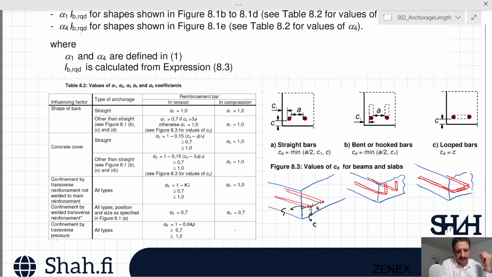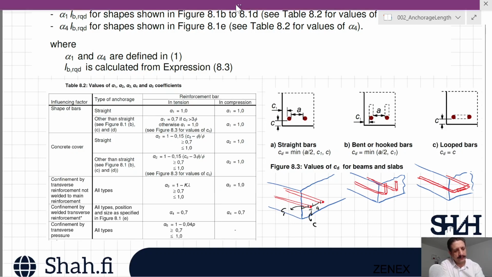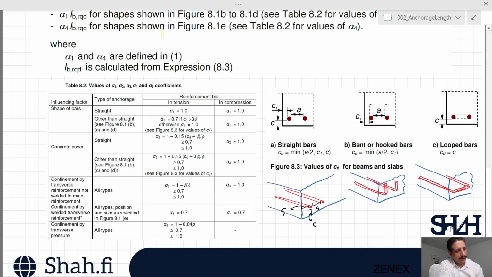After calculating CD, then we can come to the table for straight bars. Alpha 1 is always 1. If you have other than this, for example, a hooked bar, then alpha 1 can be calculated as 0.7 if CD is greater than 3 times phi.